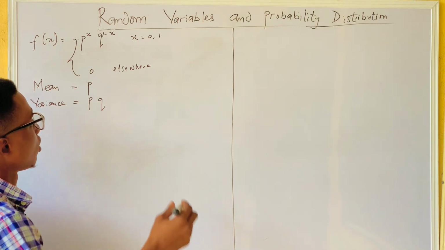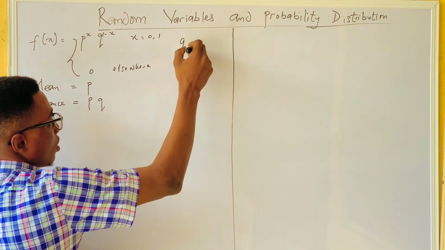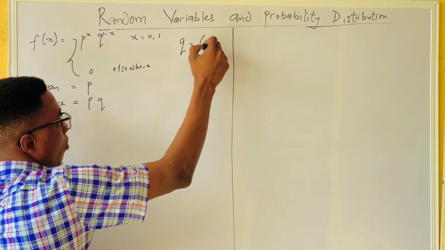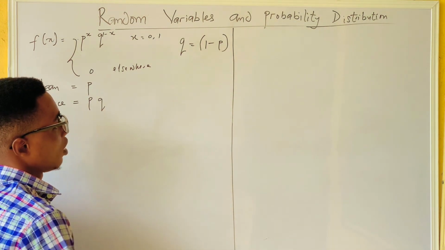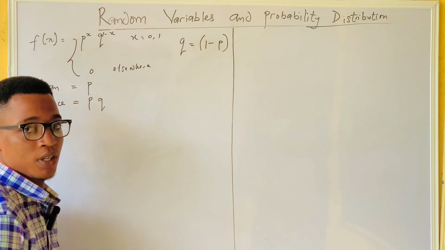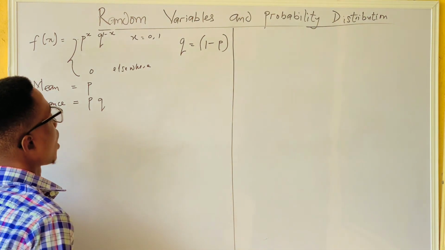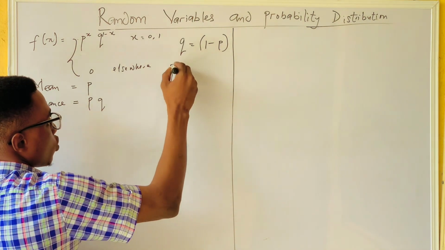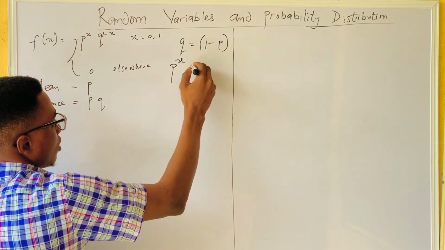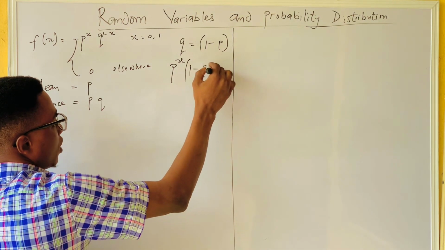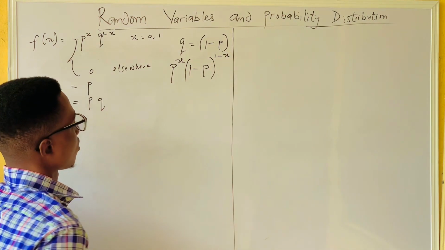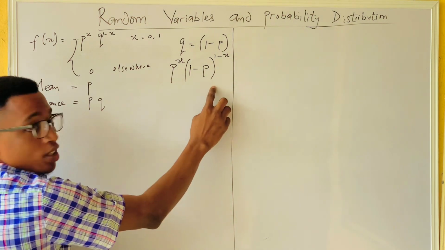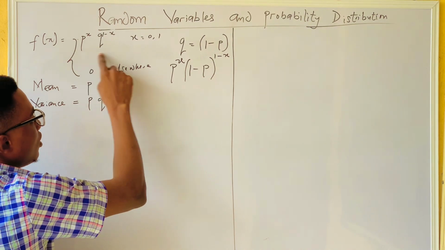Of course, our q can also be written in this format, 1 minus p, since q is equal to 1 minus p. This distribution can also be written as p raised to power x into bracket 1 minus p raised to power 1 minus x. This is the same thing as this.